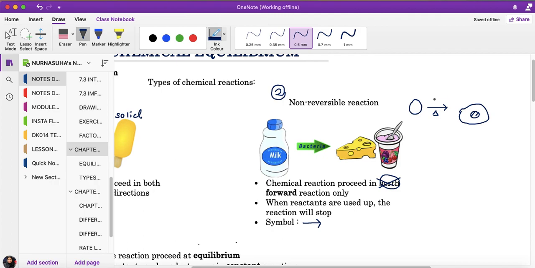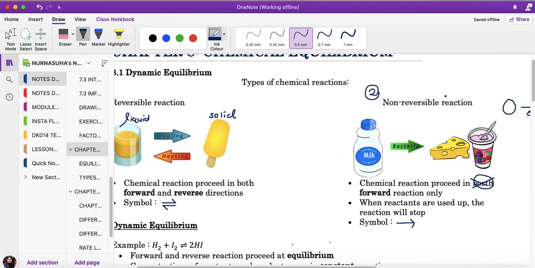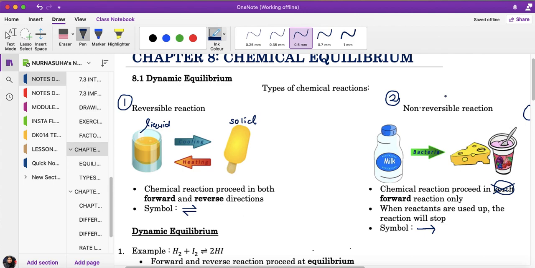Cannot, right? So the process is non-reversible. So throughout this chapter, we will be talking lots of reversible reaction. You guys can refer to Google, tengok jenis-jenis reaction lah.